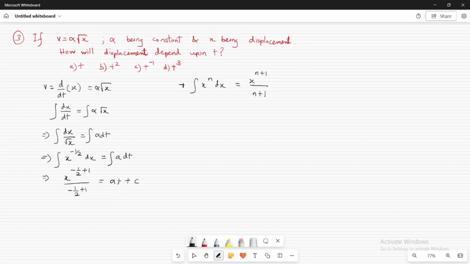Now, after this, what we write is x to the power of 1 by 2 by 1 by 2 equals alpha t plus c, so we can also write 2 x to the power of 1 by 2 equals alpha t plus constant.